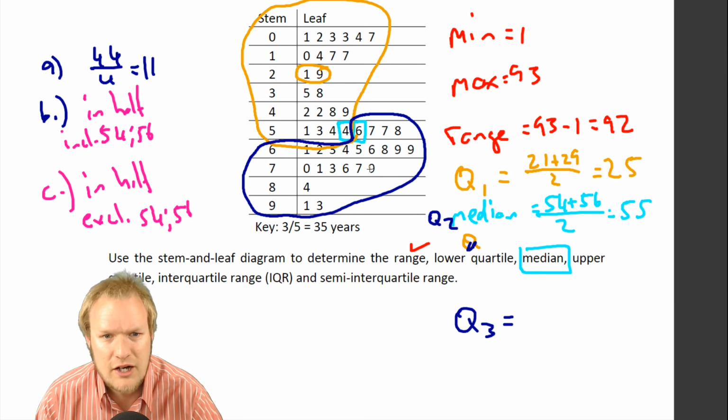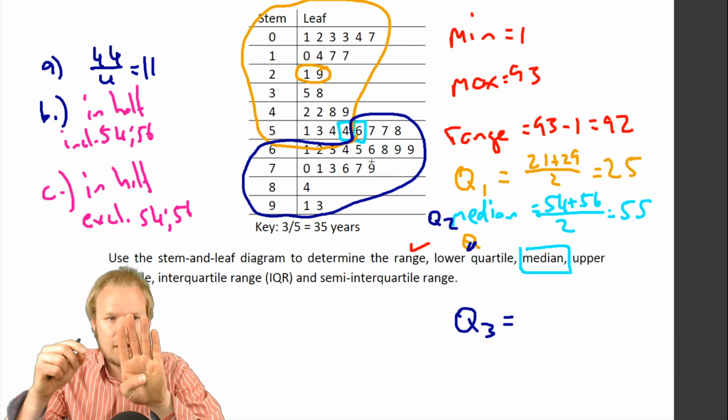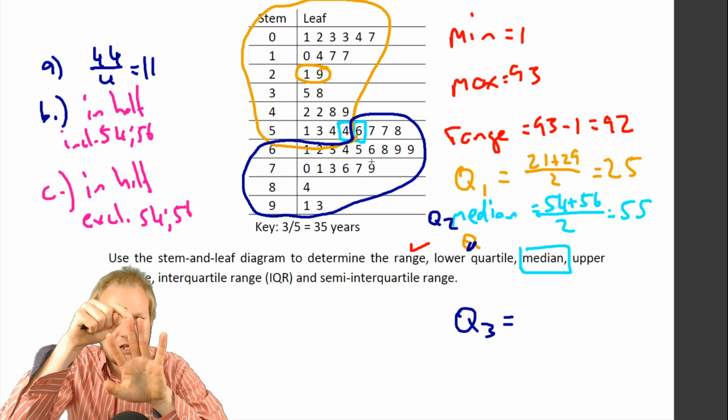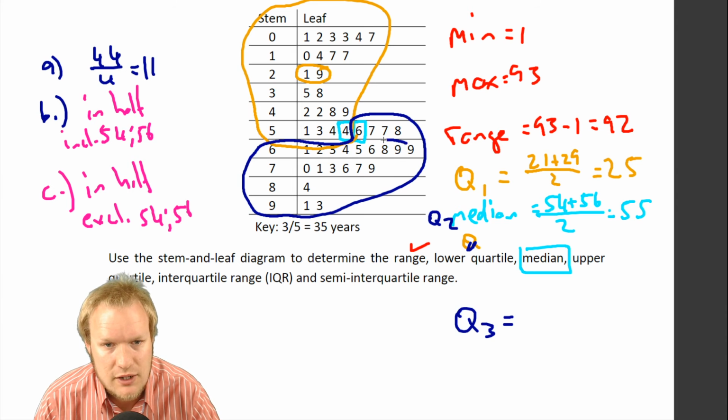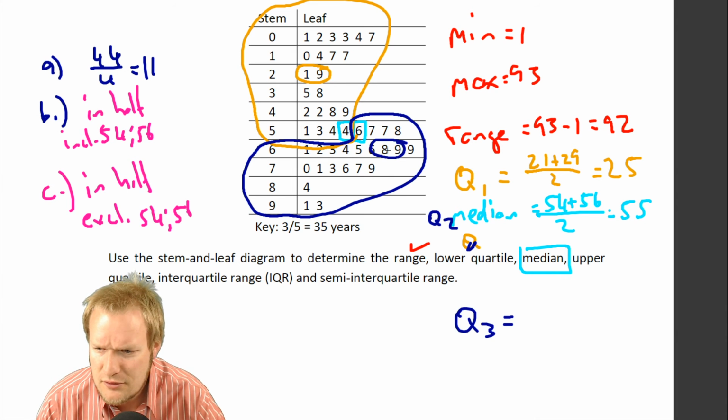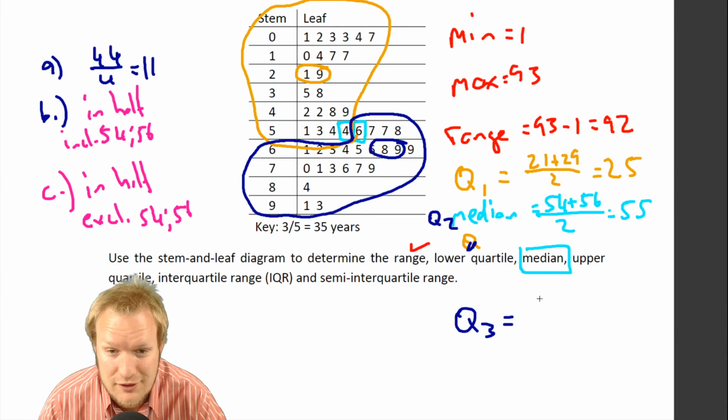So 22 divided by 2 is 11. It's an even number, so we must take 11 and 12. So we've got 1, 2, 3, 4, 5, 6, 7, 8, 9, 10, 11, and 12. I think it's those ones. Correct me if I'm wrong.